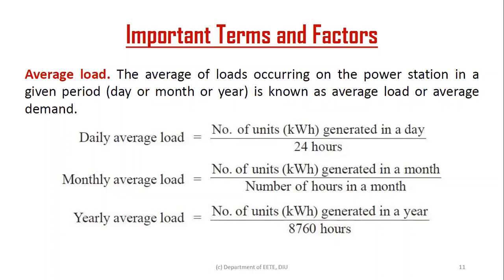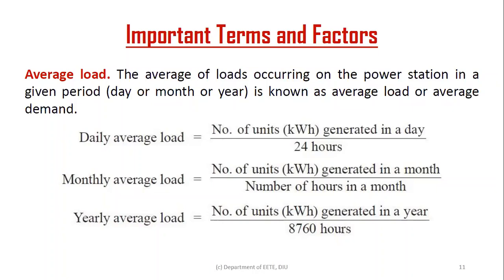Okay, the average load occurring on the power station in a particular time is the whole amount of units generated divided by the hours. So basically, the number of units generated in a day divided by 24 hours, the number of units generated in a month divided by the number of hours in a month, just like 30 into 24, you will get the number of hours in a month.